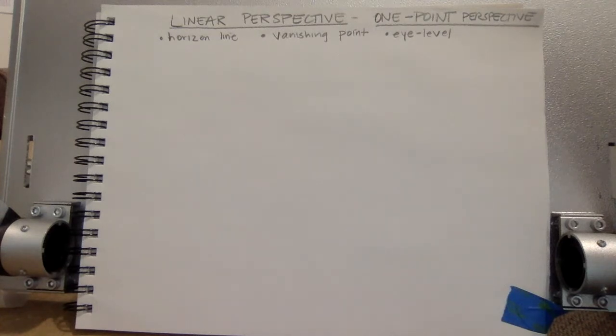And so he devised this way to draw, especially architecture, but really any kind of outdoor scene, to give the illusion that things are going back in space and that there's depth in space.